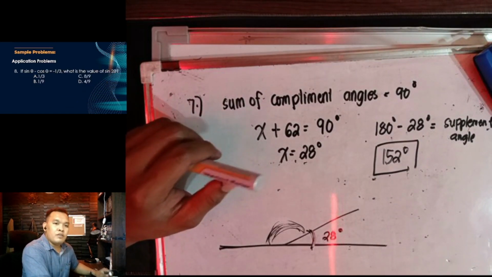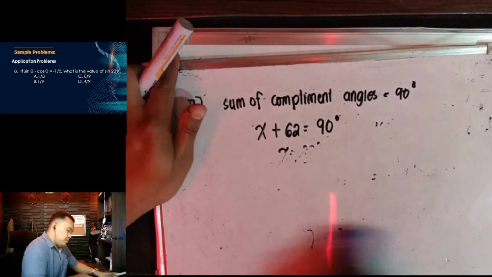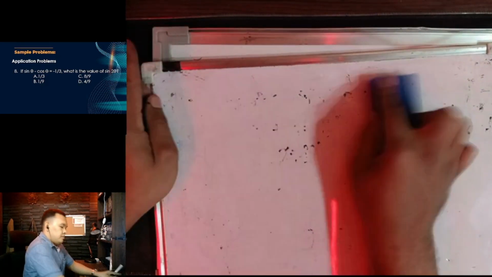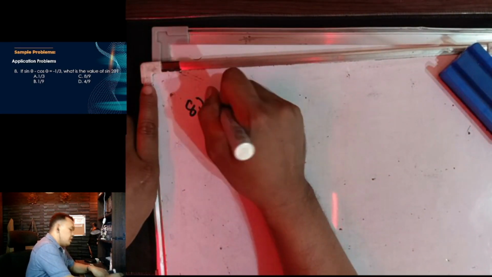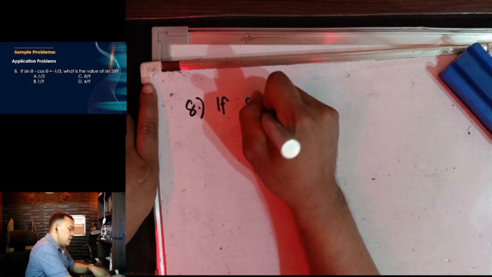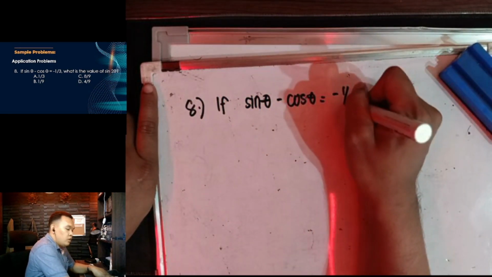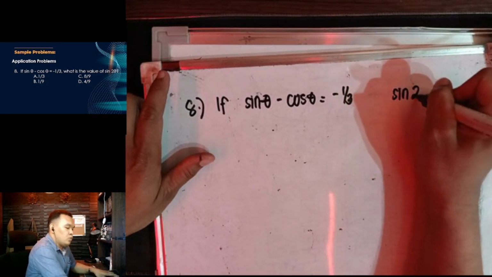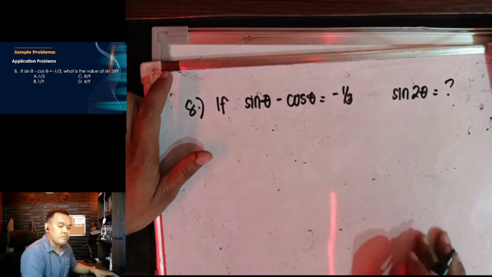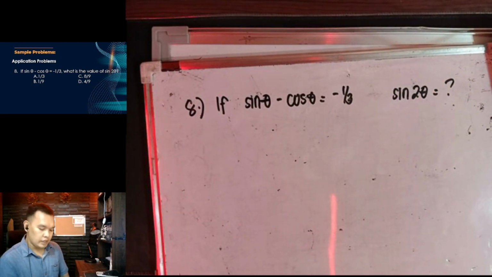Okay. Tayo sa number 8. If sine theta minus cosine theta is equivalent to negative 1 over 3, what is the value of sine 2 theta? Okay, to get the value, solve natin.